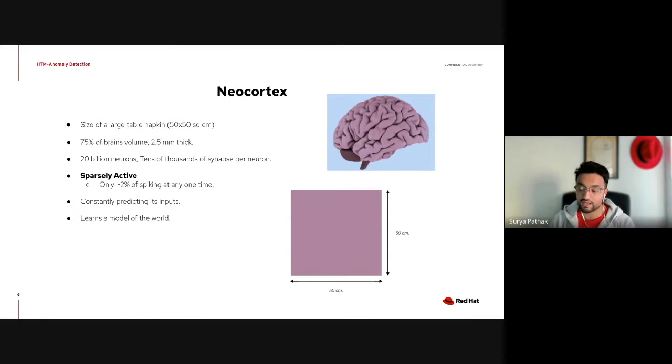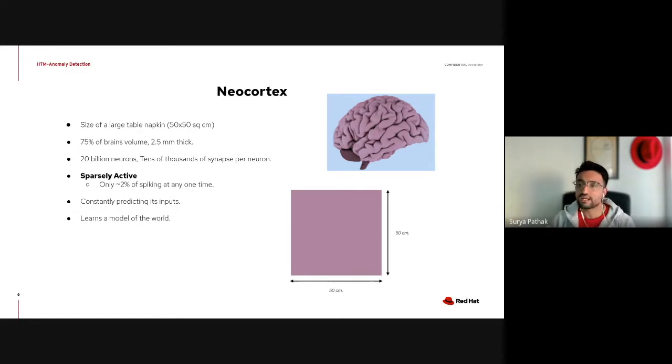Whatever I'm speaking right now, whatever you are listening to right now, it's all because of this neocortex. It constitutes 75% of the brain's volume and is 2.5 millimeters thick. It contains almost 20 billion neurons, with tens of thousands of synapses per neuron. Synapses are the intersections, just to be clear, which act as a memory or as a spike in the neuron.